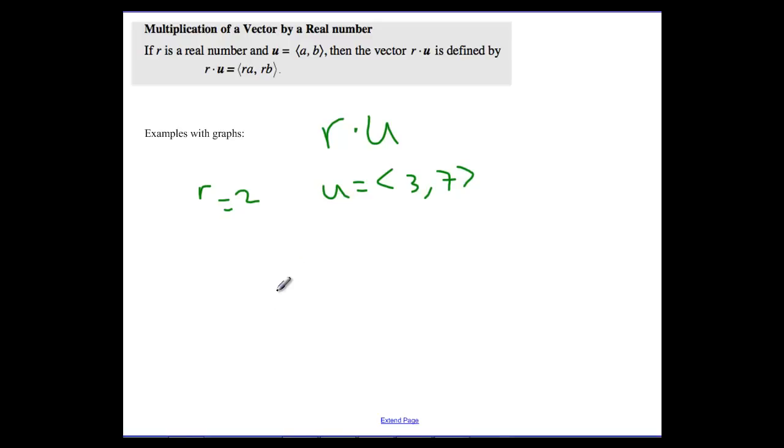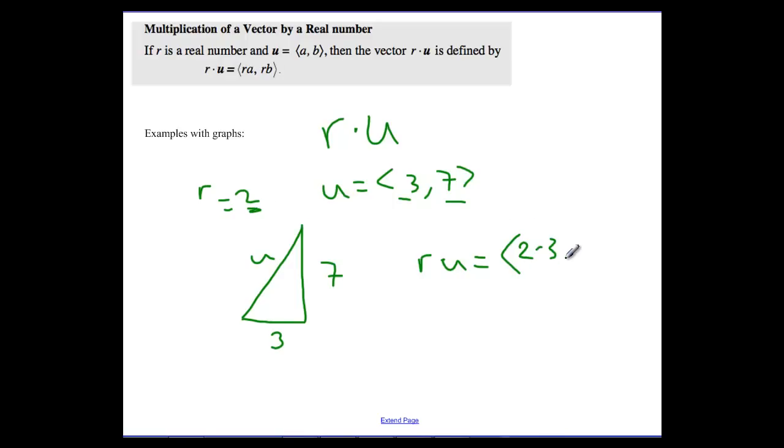Well then, if we had 3, 7, and this is u, what would ru be? Well, ru is just multiplying each one of those terms, the x and the y, by the amount, in this case 2. So 2 times 3, comma, 2 times 7, which we get as 6, 14.